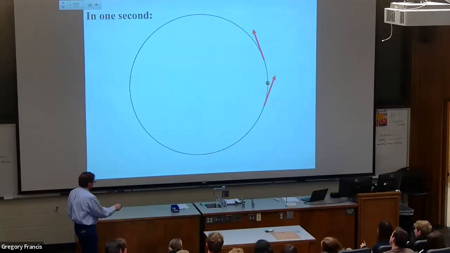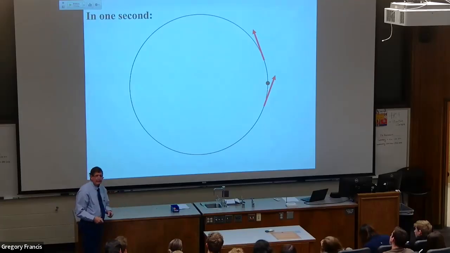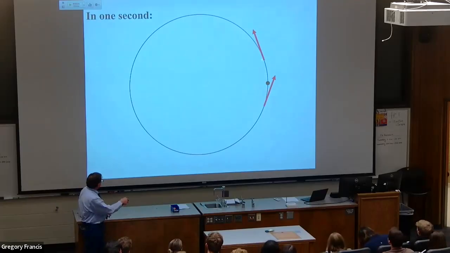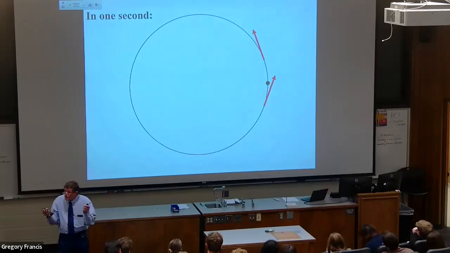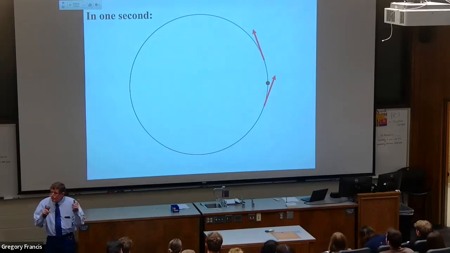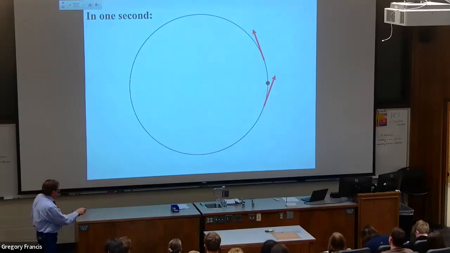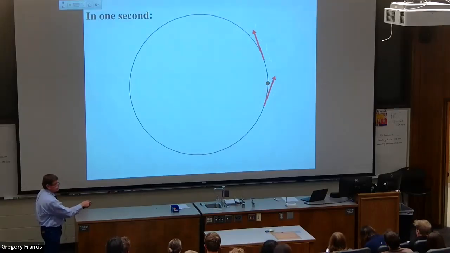If we want the acceleration right at this dot, we could look at the velocity a half second before and a half second after that dot. Because that's what acceleration is: how much the velocity vector changes during 1 unit of time, 1 second. So if that's noon, this is what your velocity looks like a half second before noon, and that's a half second after noon.